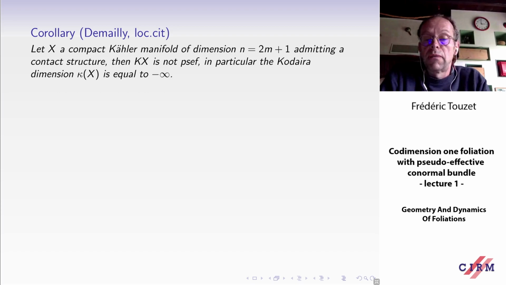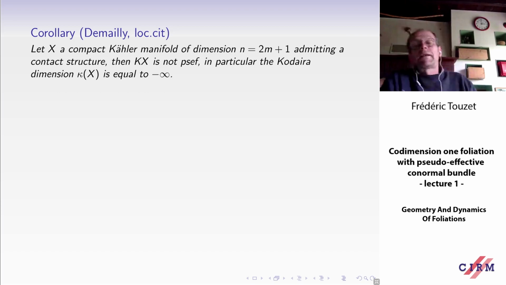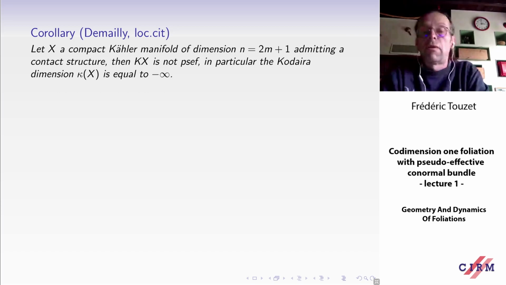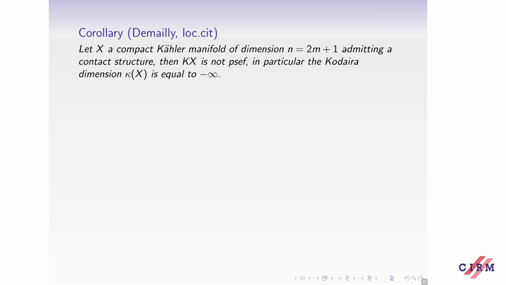And if it is not pseudo-effective, it clearly implies that the Kodaira dimension of the manifold is equal to minus infinity. If you don't know exactly what the Kodaira dimension is, I will do some review on it in the second lecture.